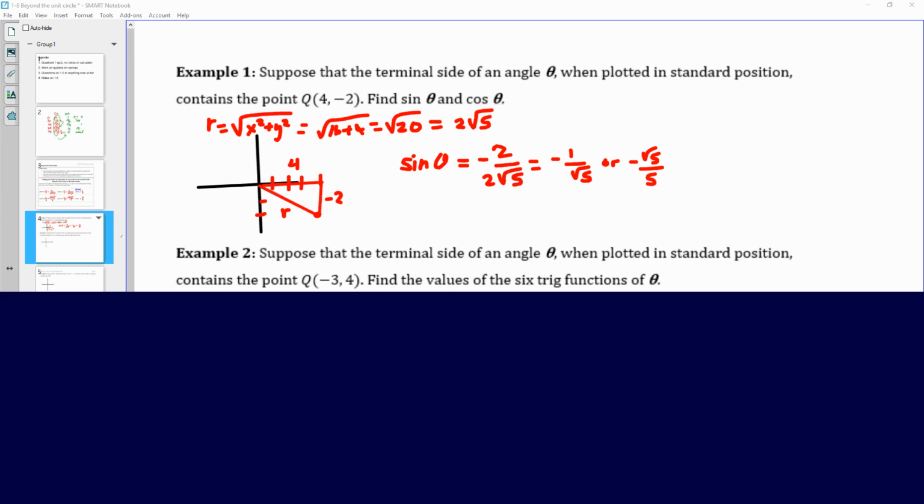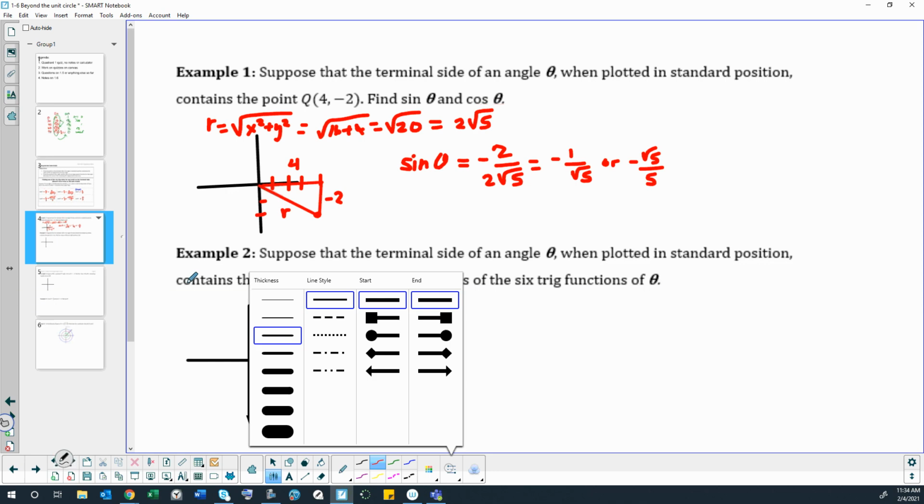Okay, what about cosine? Perfect. Yeah, and then we can rationalize, or I mean, we can simplify it.